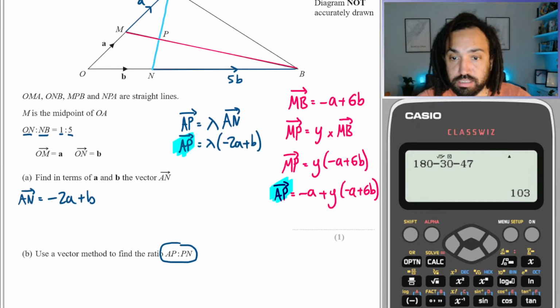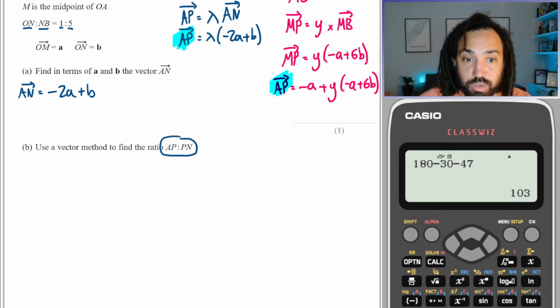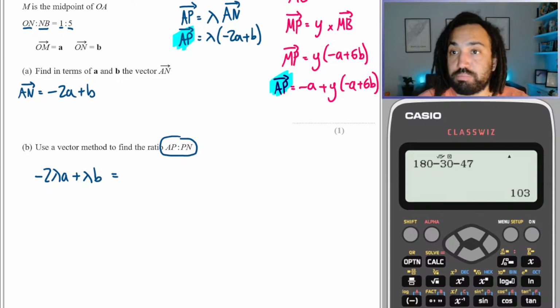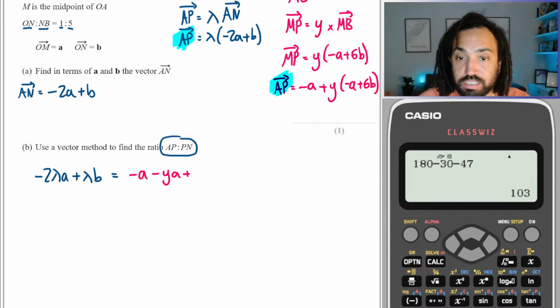Okay, so I'm going to scroll down and get some more space. And I'm going to say that when I multiply them out, minus 2 lambda A plus lambda B is equal to, that's the blue one, the red one as well, which is minus A minus YA plus 6YB.